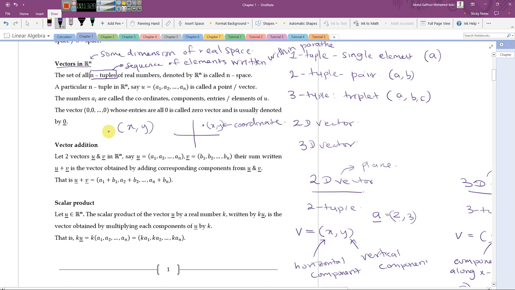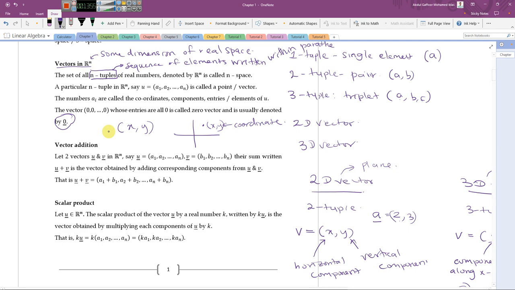And components, these can be called coordinates or components. As I told you, this is the horizontal component and this is the vertical component, and we may say entries or elements also, right? Okay, now if all elements in a vector are 0, then it is called a zero vector, and it can be denoted using this notation, zero vector.